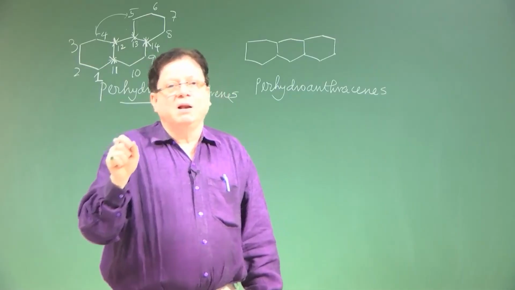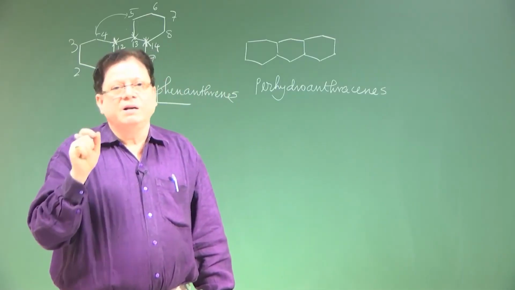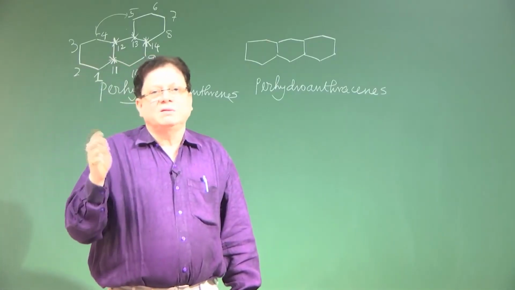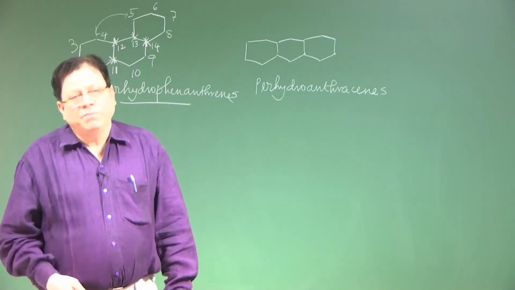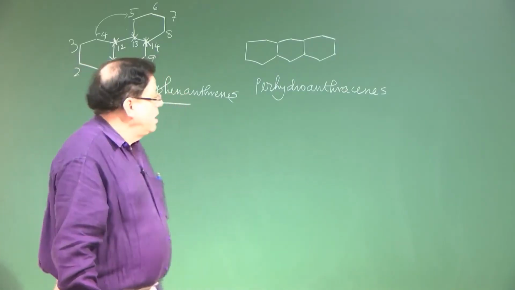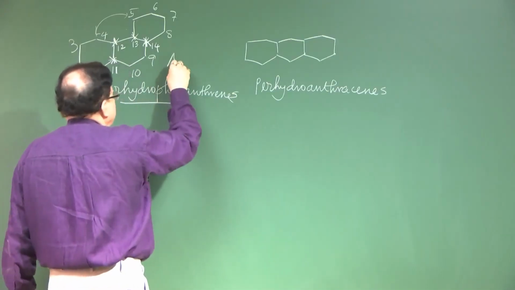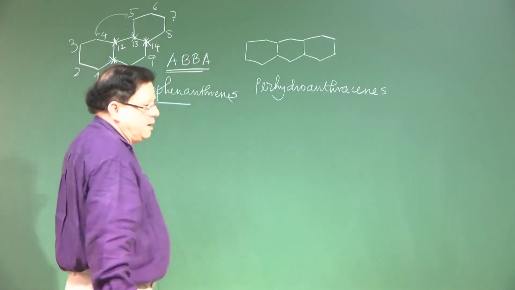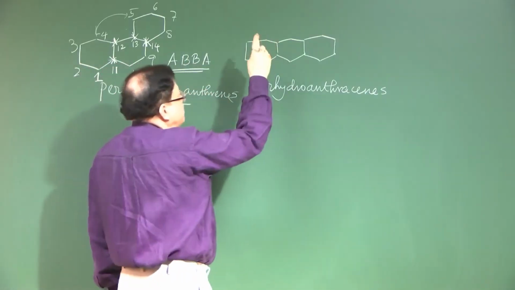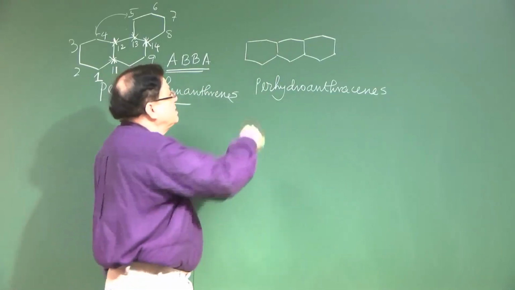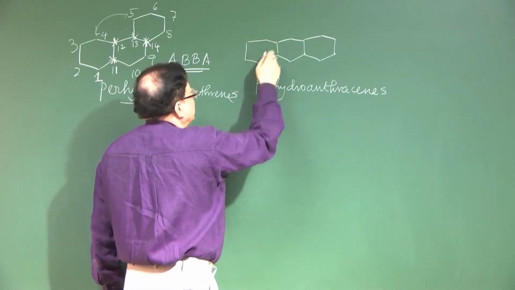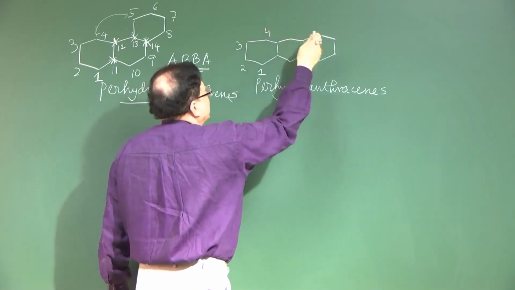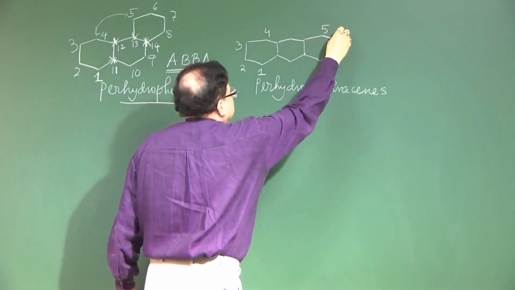C12 is essentially similar to C13, and the C11 carbon is also similar to C14 carbon. And so, that is called an ABBA type system. And if you do the same thing here in anthracene, the numbering can start from anywhere. So, you can call it 1, 2, 3, 4, then 5, 6, 7, 8.